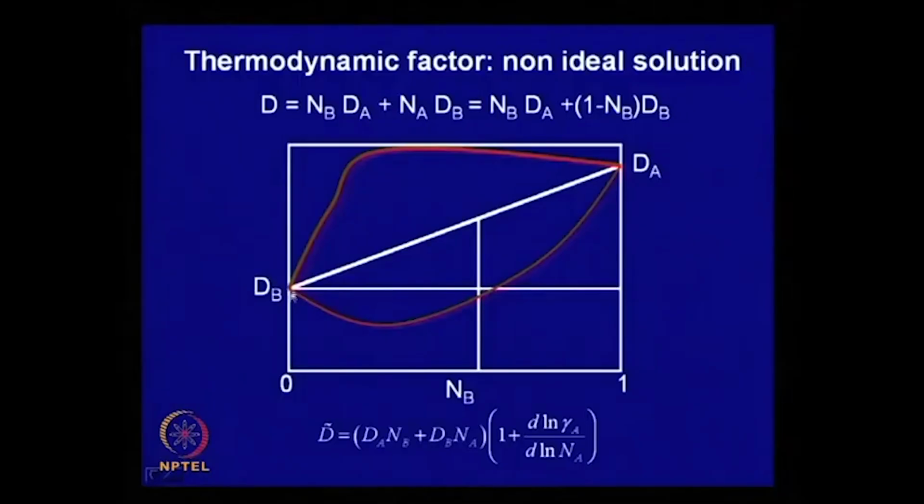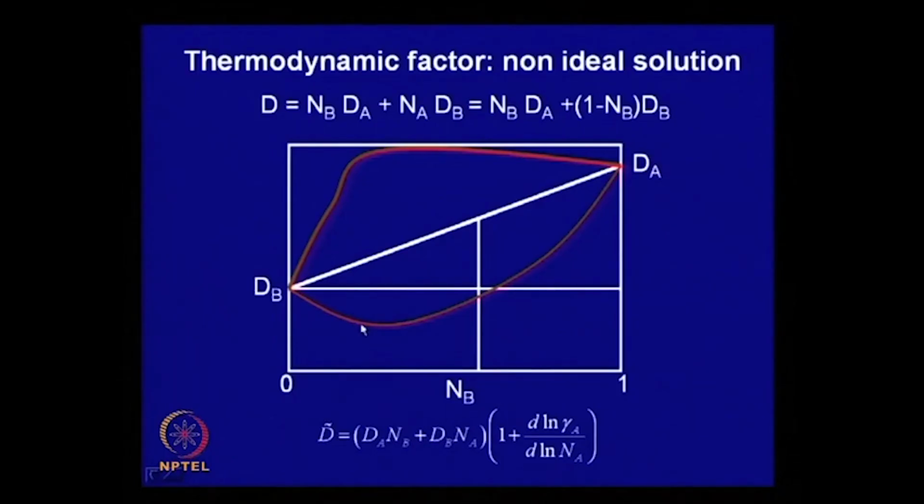Therefore, we get a concentration profile like this. So the system we just described has a tendency of ordering, and the activity, that is the local concentration, is lower than what it should have been.